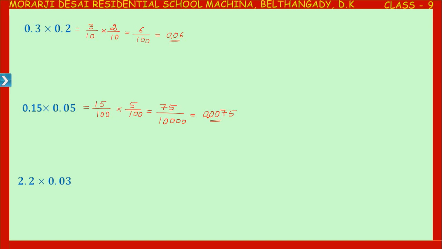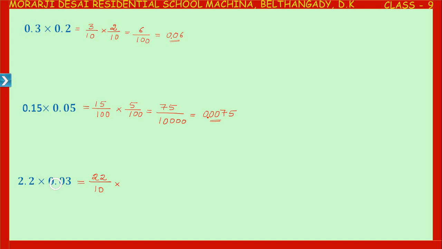Look at one more example. 2.2 into 0.03. Now 2.2. If we ignore the decimal point, then it becomes 22 divided by, after the decimal point we have only one digit, place value is tenth, so divided by 10, into 0.03.